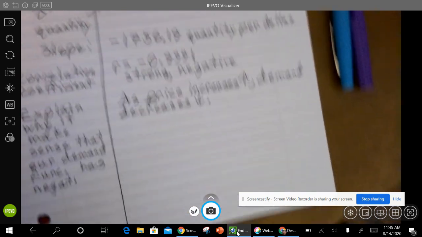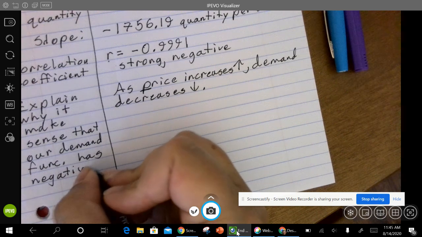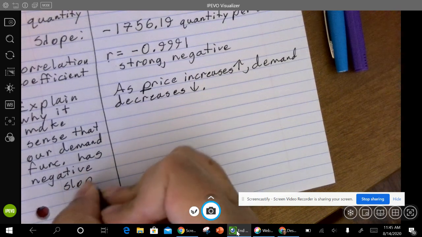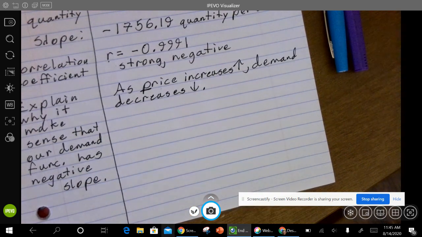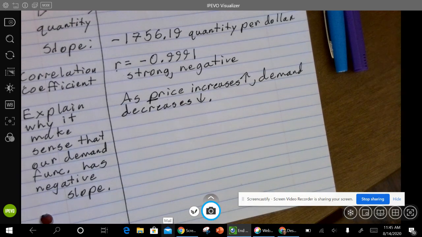Okay, so it has a negative slope. Okay, everybody, you got this.